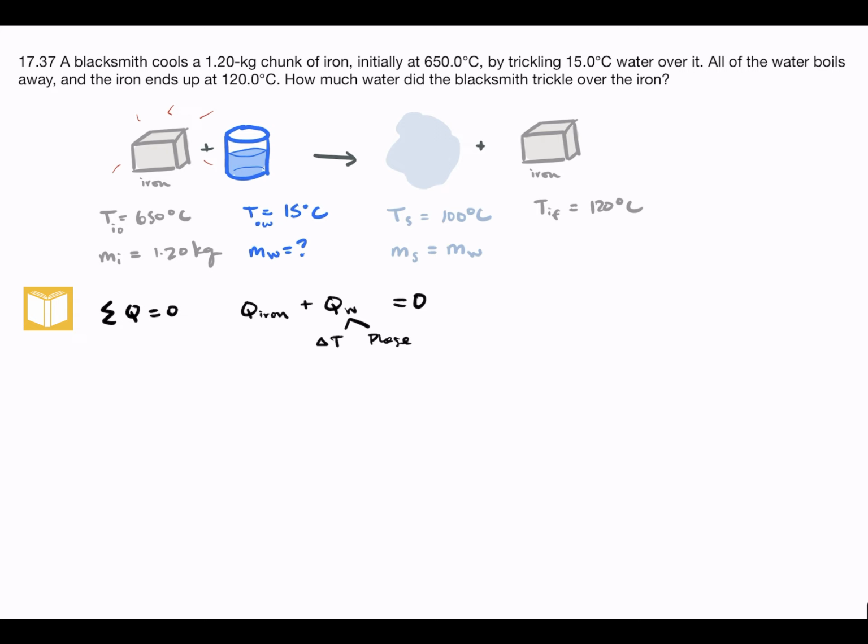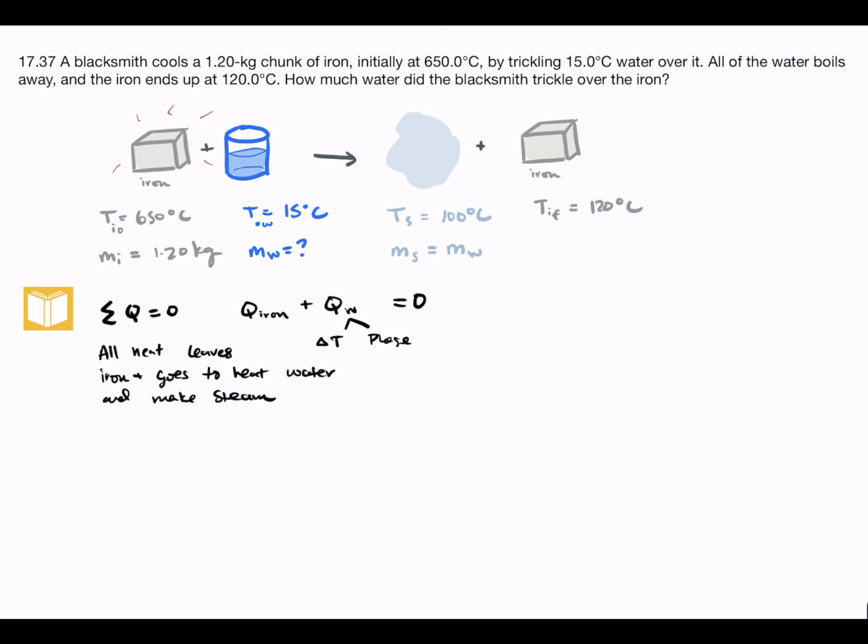This equals 0. In English, what that means is all heat leaves iron and goes to heat water and make steam.